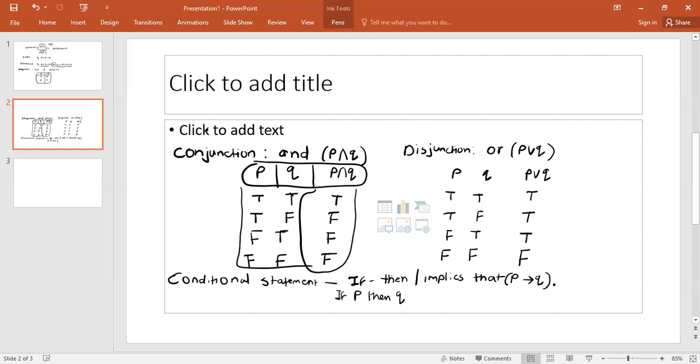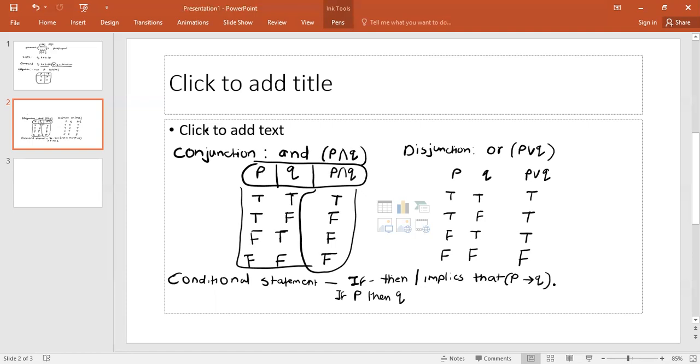Then the conditional statement is, 5 is an even number if 3 plus 5 equals 9. A conditional statement is false only when the hypothesis P is true but the conclusion Q is false. It is true for all the remaining combinations of the truth values of P and Q.